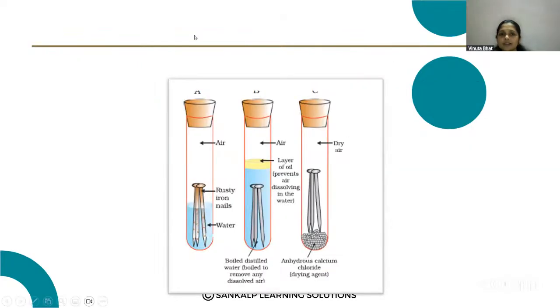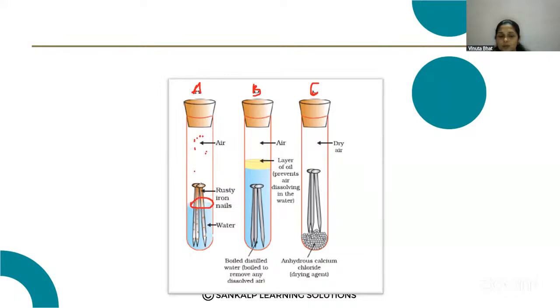So here there is an experiment. You have to take three test tubes: A, B and C. In test tube A you take an iron nail, and water is also there in this test tube, and air is also there.